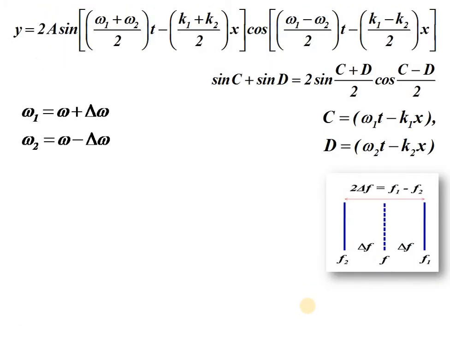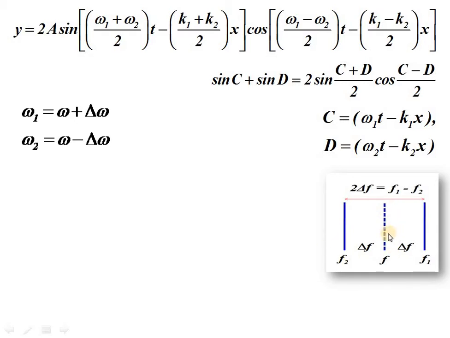For simplification, suppose we imagine that we have two frequencies, one is omega 1 and the other is omega 2. If we take a middle frequency, omega 1 plus omega 2 by 2, the middle of that, we can say that they are separated by some delta omega. This is the middle frequency. In the picture it is shown here, omega 1 and omega 2, and the middle one you take as omega.